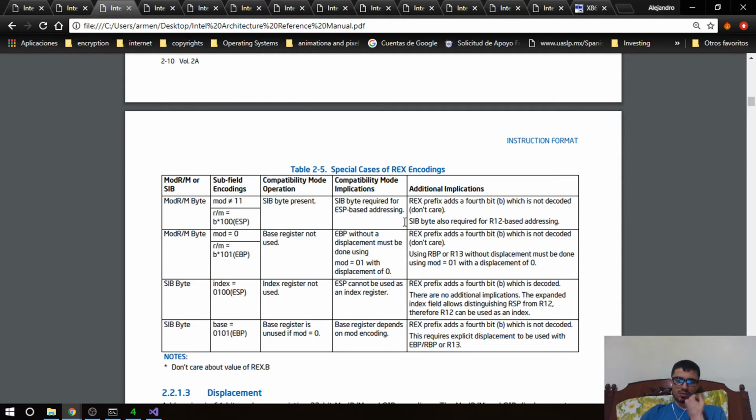SIB byte also required for R12 based addressing. Remember this one? That we have a base addressing R12. So does this mean that the 4-bit base is not decoded?